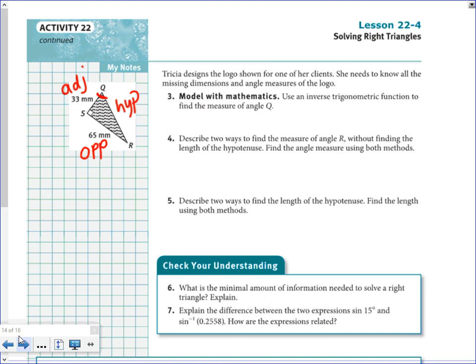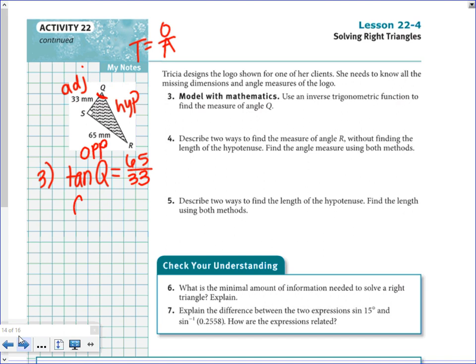So what uses adjacent and opposite? Tangent uses opposite over adjacent. So I am going to do the tangent of angle Q. And the tangent of Q is opposite, which we said was 65, over adjacent, which we said was 33.